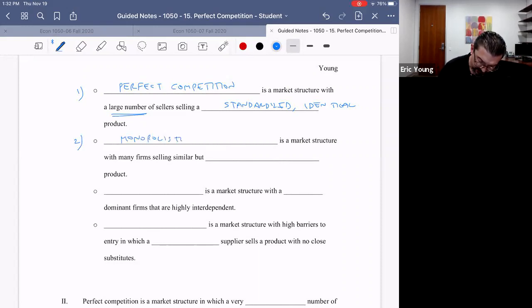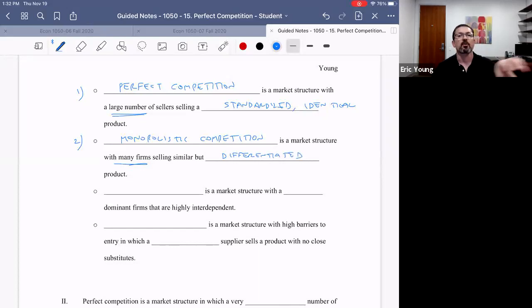We then have a structure known as monopolistic competition. In this structure, you still have many firms, but critically, those firms are selling a differentiated product. In other words, the products that rival firms are selling are similar, but somewhat different.